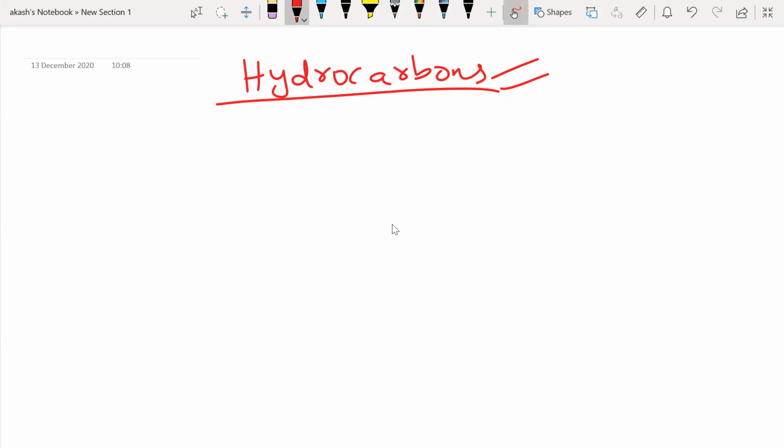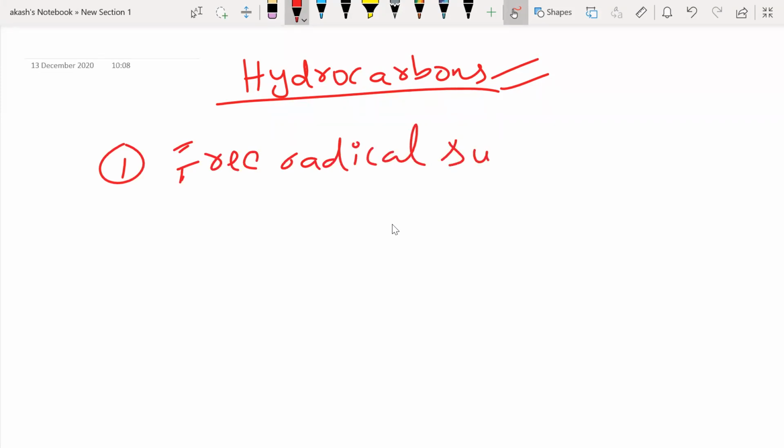So under the types of organic reactions, I have the first type, which I will just call free radical substitution.